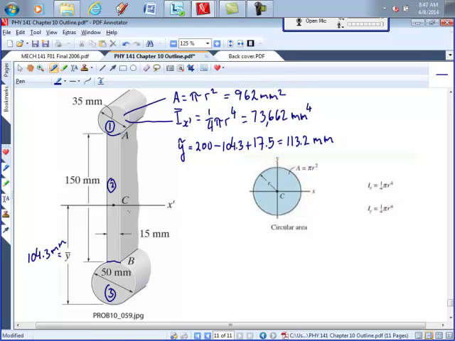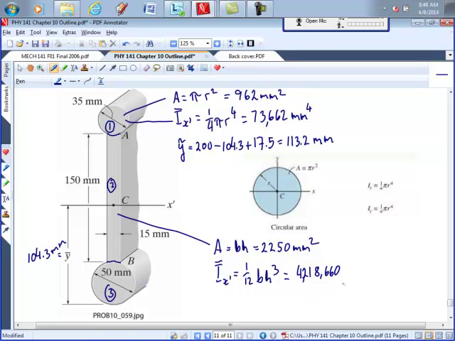So for shape number 2, that's going to be easier. A equals BH. Base is 15 millimeters. Height is 150. 2,250 millimeters squared. Moment of inertia about its centroid x-axis is going to be 1/12 BH cubed. 4,218,660.